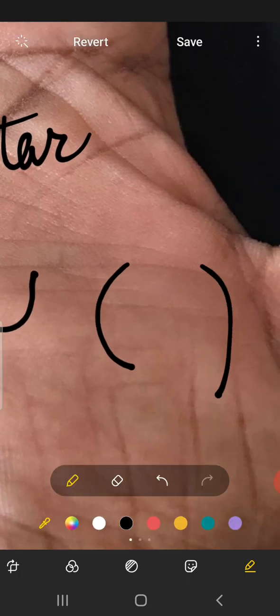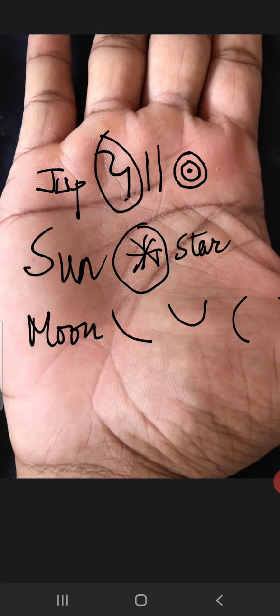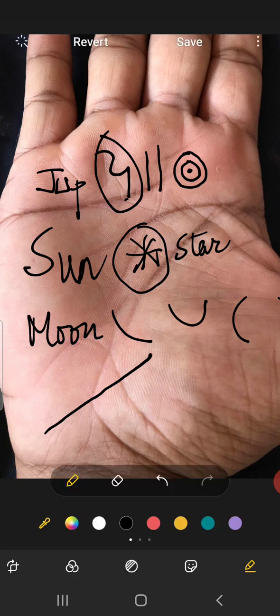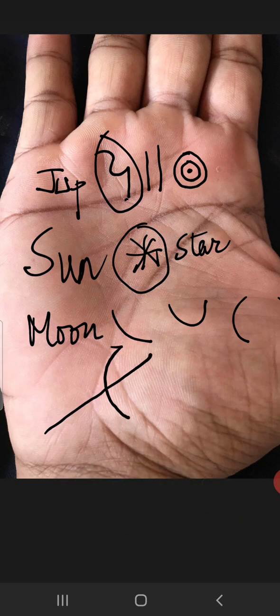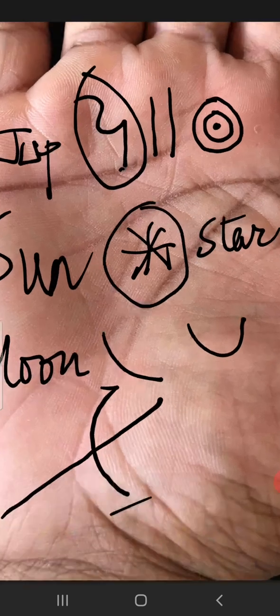Let's go to the next one, which is Moon. In case of Moon, it's very easy. You can see a half moon like this, like this, or like this. These are general signs. But what is important is that at times you see a line going like this and another independent line from here that crosses over.